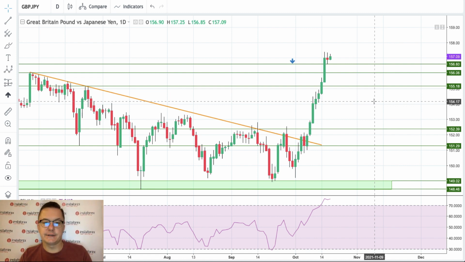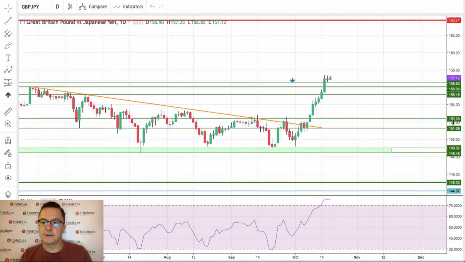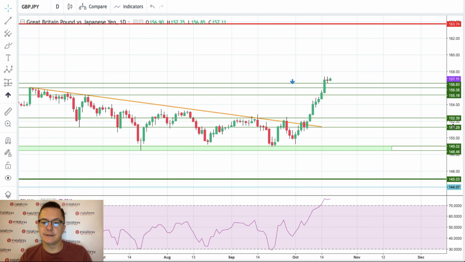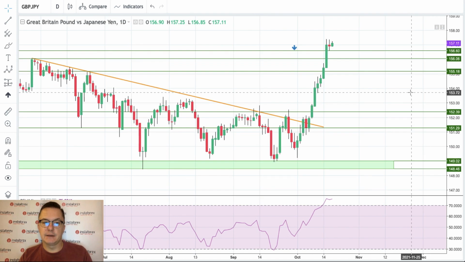No technical resistance, nothing here. So this move up might be quite strong and quite nice. So please keep an eye on this pair, British pound to Japanese yen.